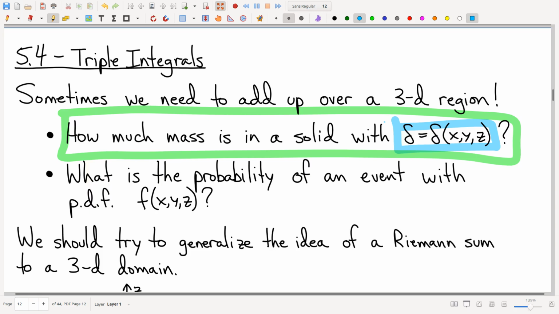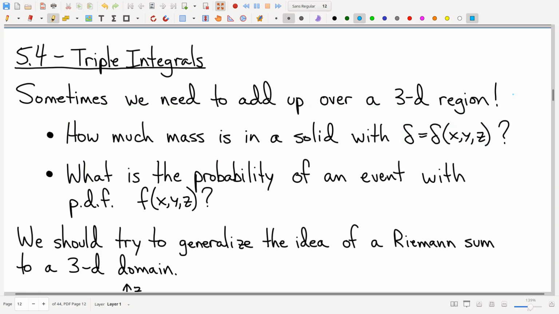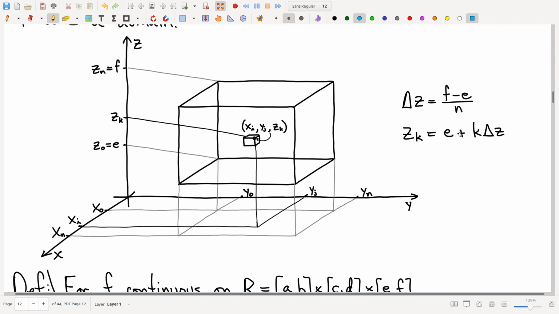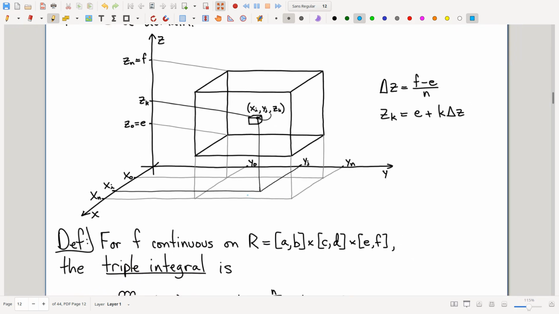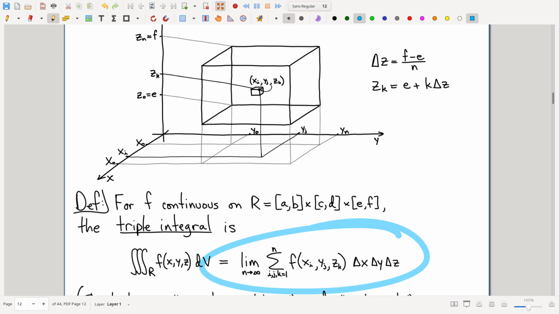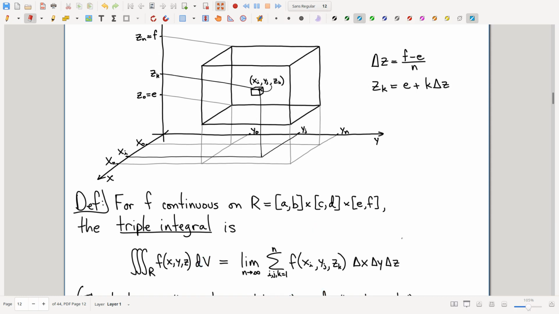Okay. All right, so let's do it. I'm going to develop a three-dimensional Riemann sum. We're going to end up with this expression down here. I'll talk our way through it. Here's our rectangular three-dimensional box, again starting with a rectangular domain. We get this thing here, and again we're talking about the whole solid on the inside here.